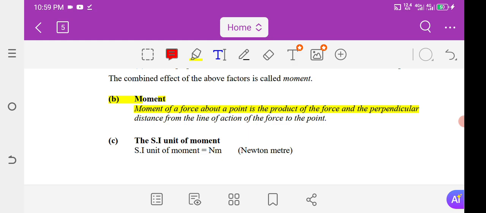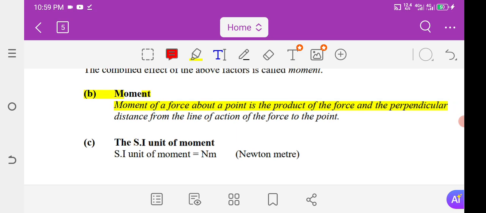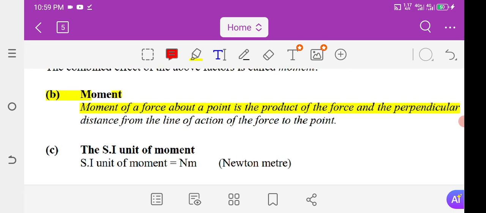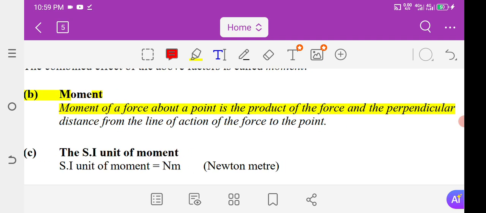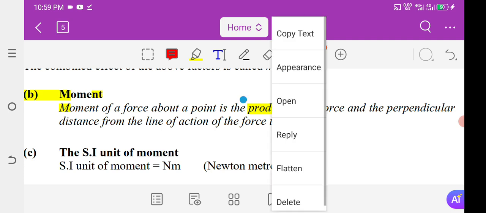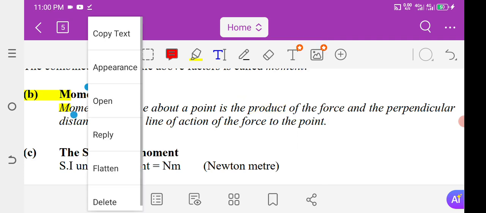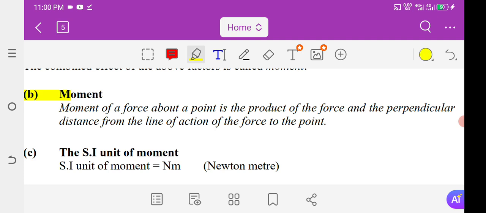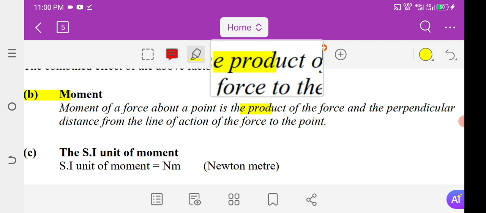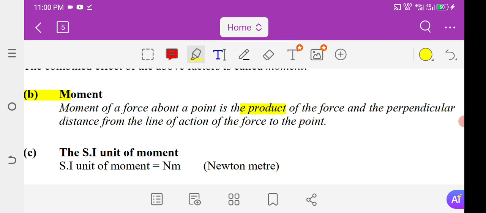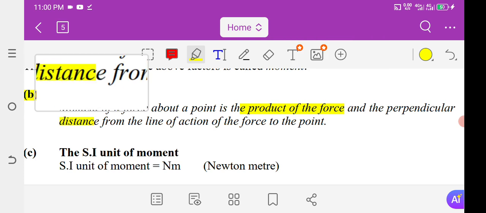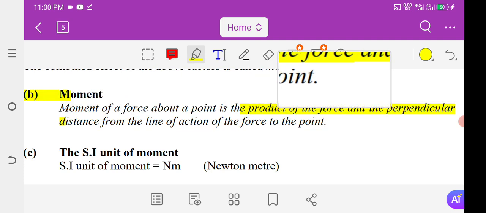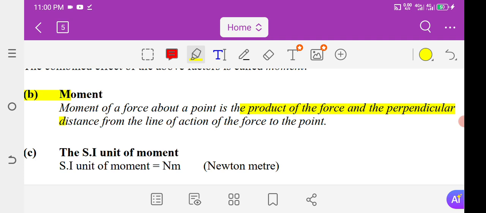Let me enlarge this a bit for the benefit of my students. We are saying that the definition of the term moment is the product. Product means multiply. So you take a force multiplied by the perpendicular distance from the line of action of the force.